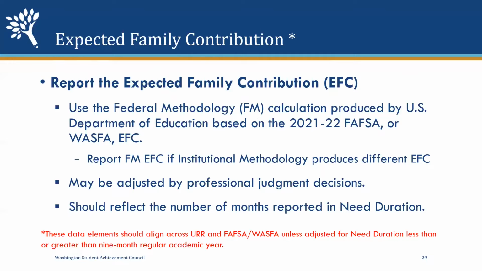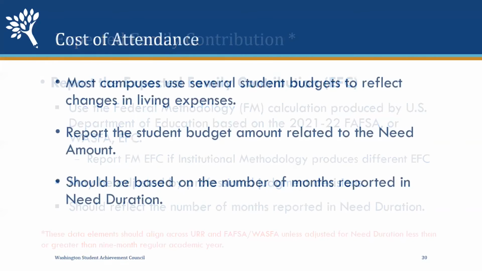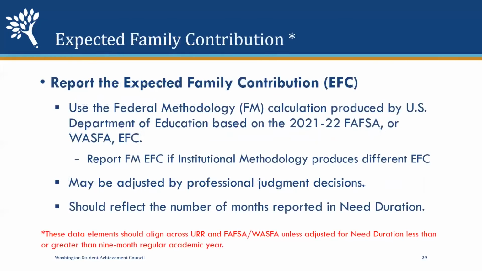Again, adjustments may be made by professional judgment decisions, but we ask that, especially for these expected family contribution changes, you submit that correction so that the EFC is correct. The EFC should reflect the number of months reported in the need duration. We'll see that in a minute.